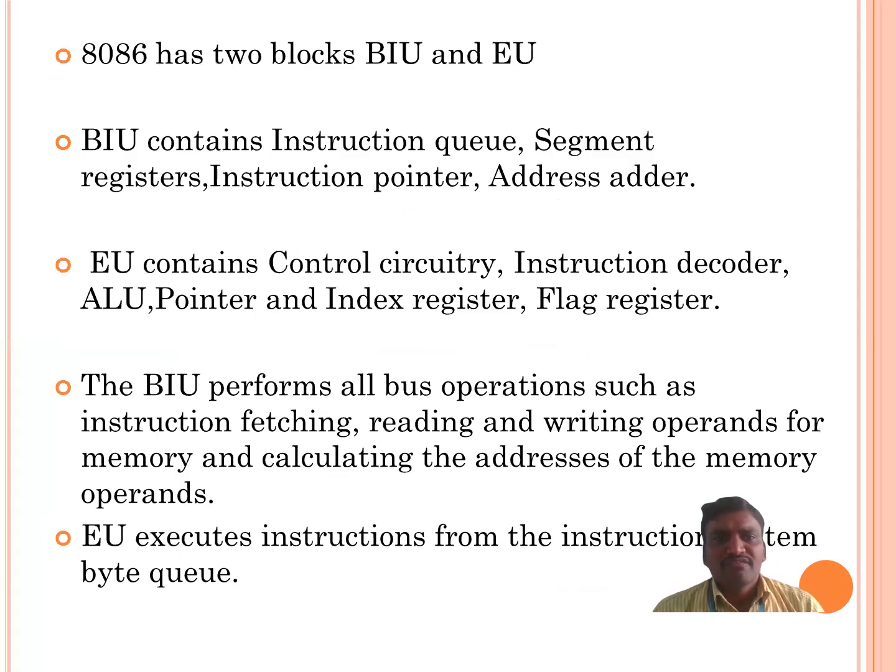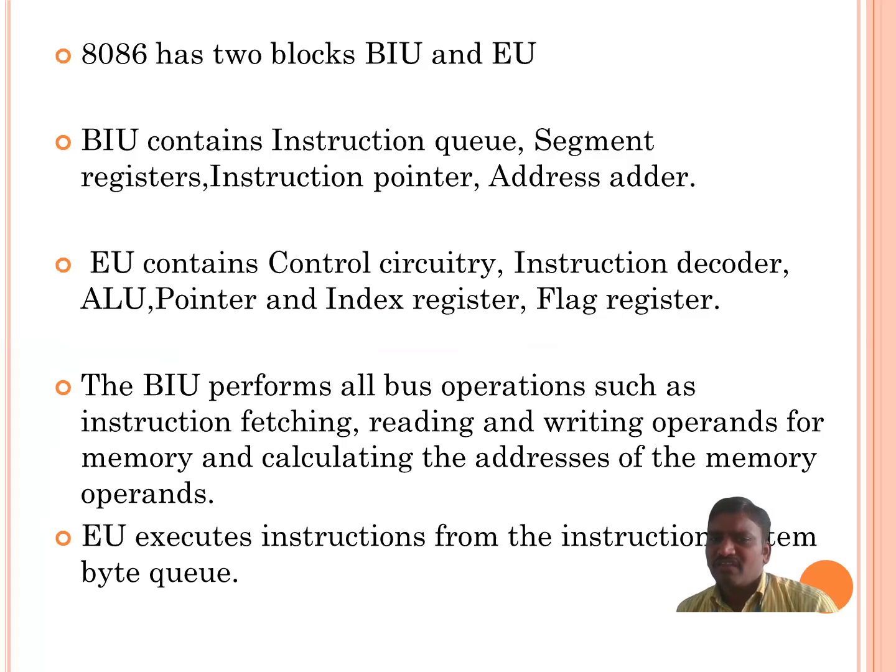The bus interface unit contains the instruction byte queue, segment registers, instruction pointer, and one special adder, with which we can generate the 20-bit physical address. The execution unit contains the control circuit, instruction decoder, ALU, register bank, and the flag register.